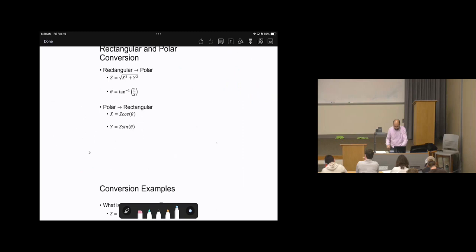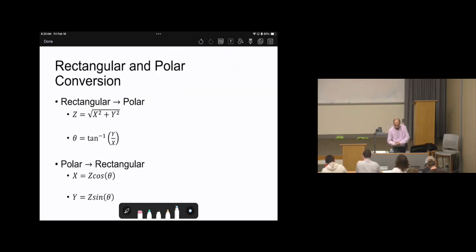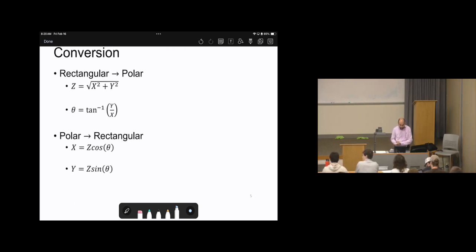Now, the conversion from rectangular to polar, as I mentioned before, is z equals the square root of x squared plus y squared, and theta equals the tan inverse of y over x. How about the opposite, polar to rectangular? You will say x equals z cosine theta, y equals z sine theta. Basically, you can imagine you have this theta, this z, here is x, here is y.